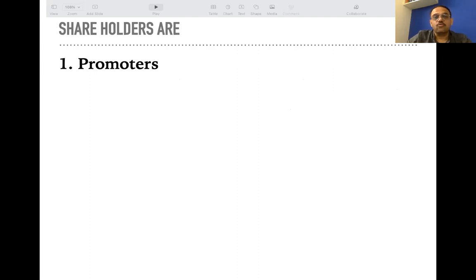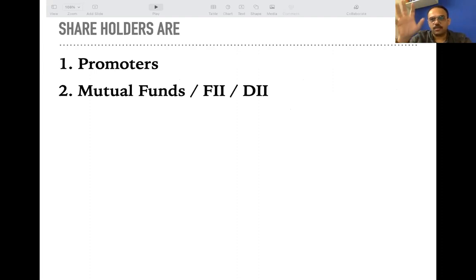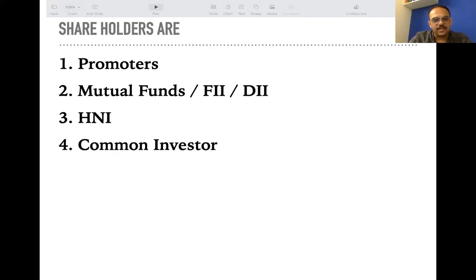So let's understand who all the shareholders are. Promoters are those who started this company, who had this business idea and made this complete thing. Then big players are mutual funds, FII, DII, high net worth individuals, and common investors like you and me.